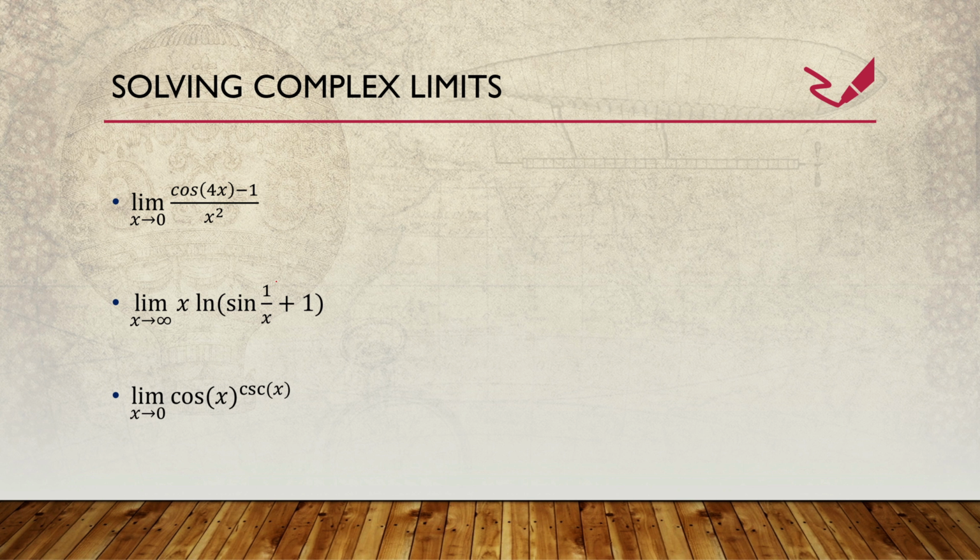Based on what he had said, you got to make sure it's in 0, 0 form. The good thing is that it is already in 0, 0 form. If we plug in 0 here, you get 0. But if you plug it in here, you get 0 as well. So this is in 0, 0 form.